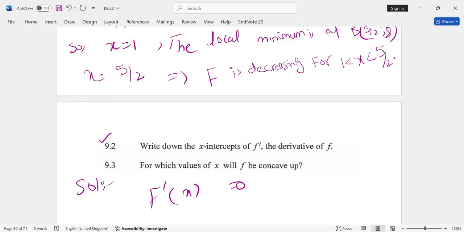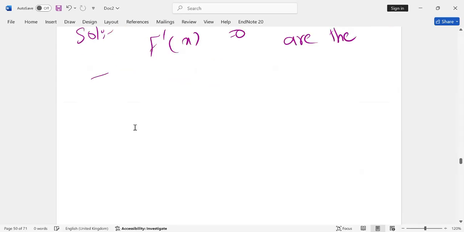In terms of the original function f of x, what do these points represent? The points where f prime of x equals 0 are the turning points of f of x, which are A and B.